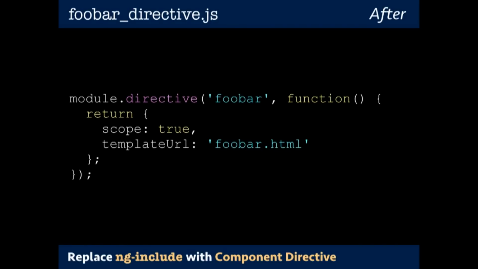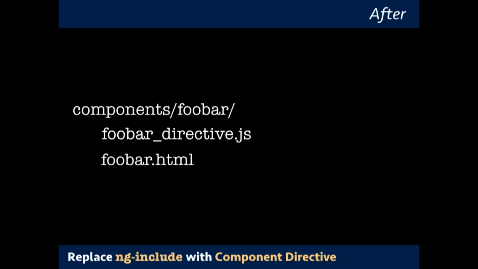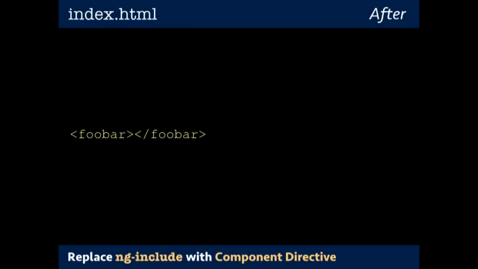The directive has an inherited scope, and it uses that same template that you were ng including earlier. You put that somewhere in your code, and you put the template next to it so that they are in the same place and have the same name, this new directive and the old template. And then you just go and replace the ng include with an instance of that component.